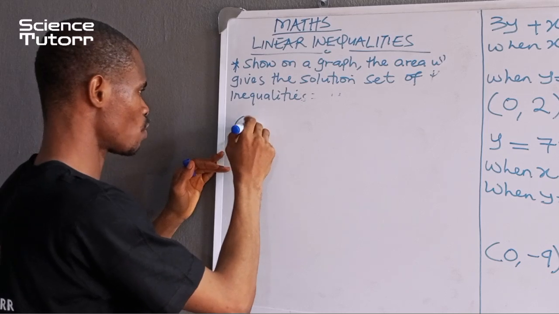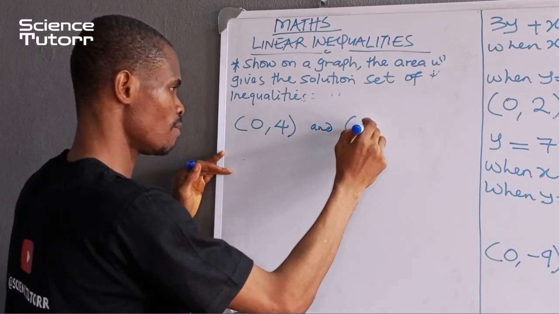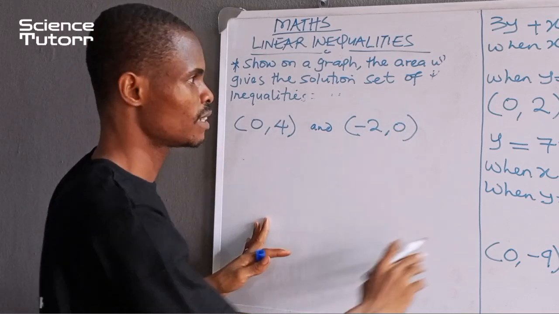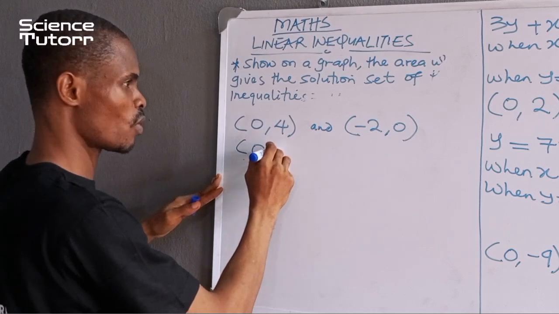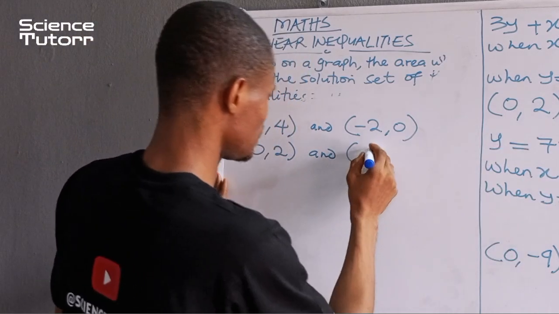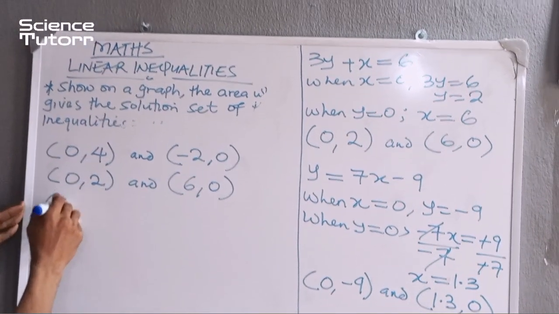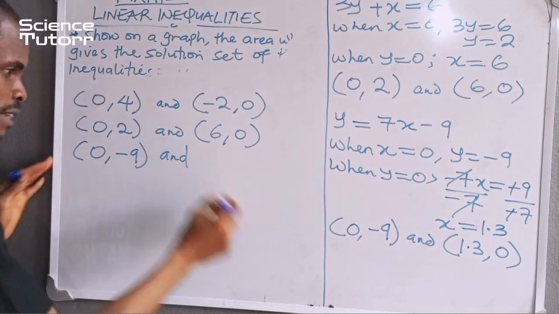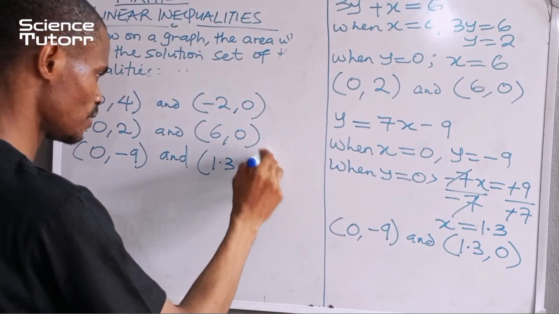These are the coordinates for the three equations. We have the first one, 0, 4, and minus 2, 0 for the first linear inequality. The second linear inequality gives us 0, 2, and 6, 0. While the third one gives us 0, minus 9, and 1.3, 0.